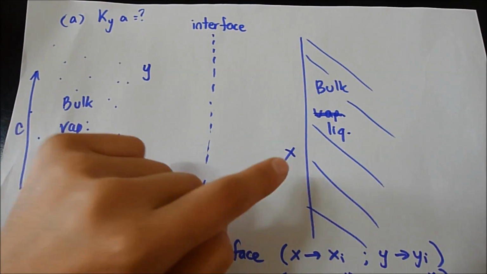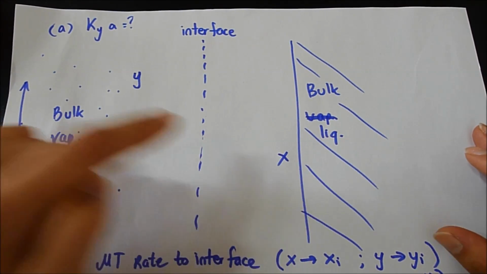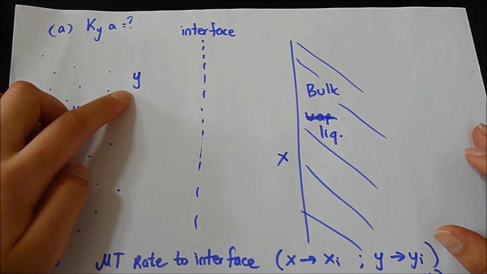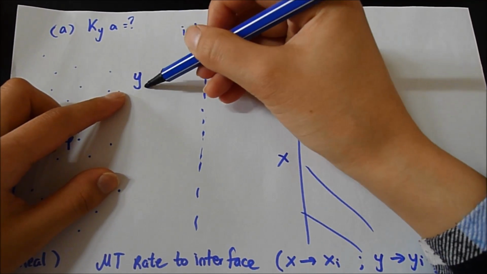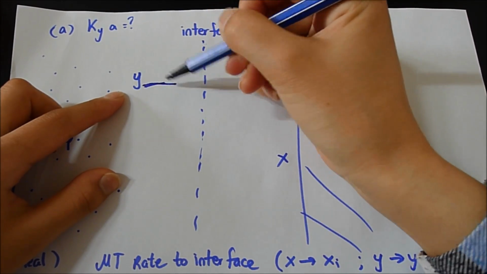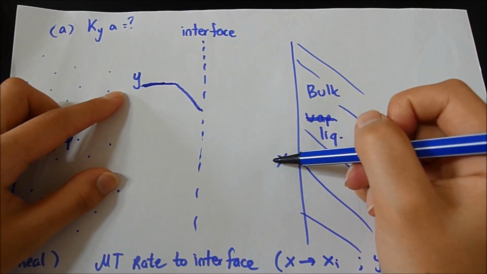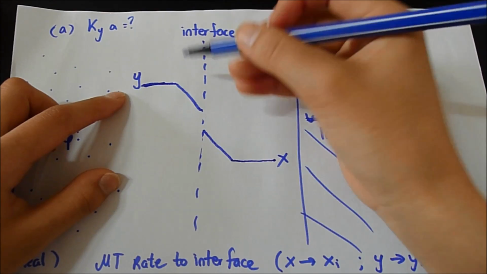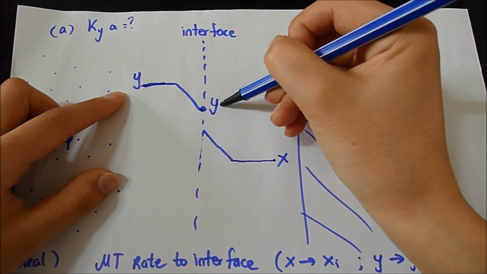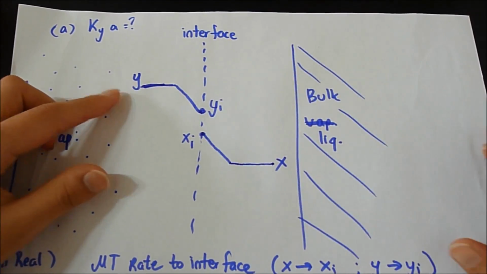X will be almost 0 because water does not contain any ethylene oxide. So the mole fraction of the vapor will go somewhere like this and go down like this, and x mole fraction will go somewhere like this and meet here. And this point is called y interface, and this point is called x interface.